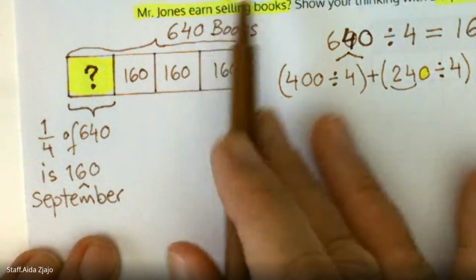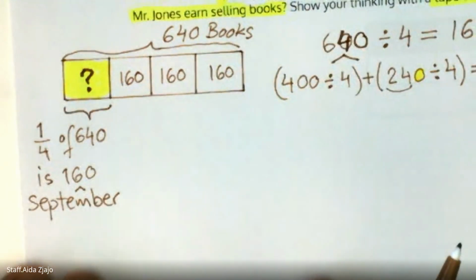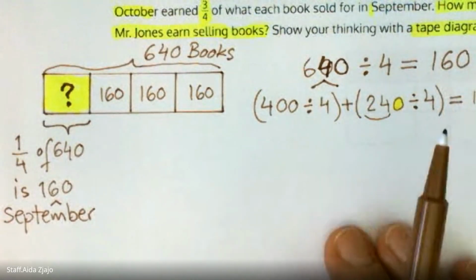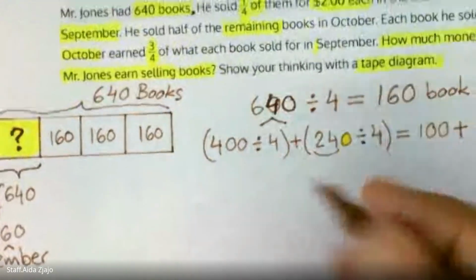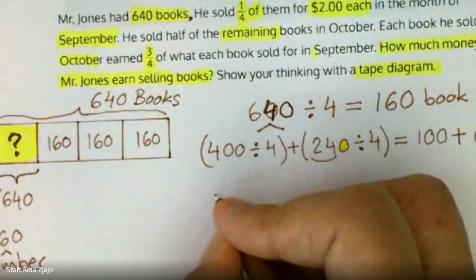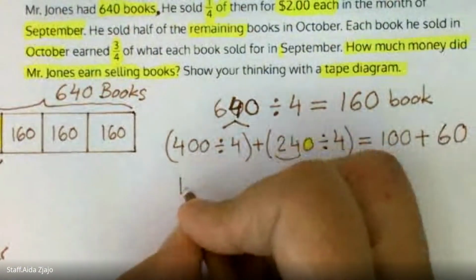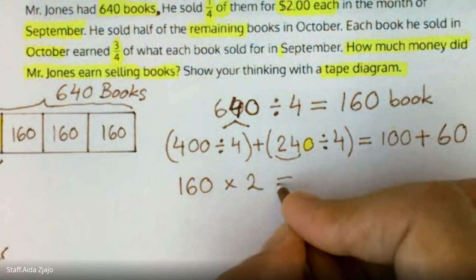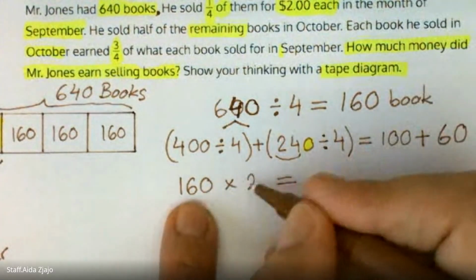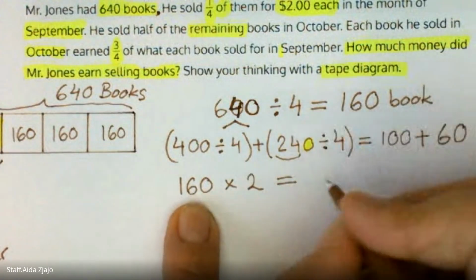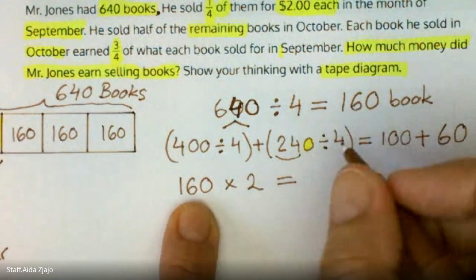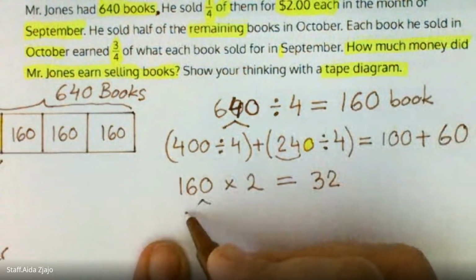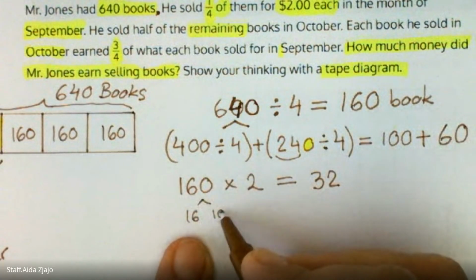But each book is $2, so we can think about what is 160 times $2. 160 books times $2: twice 16 is 32. Or we can think about this being 16 and 10.